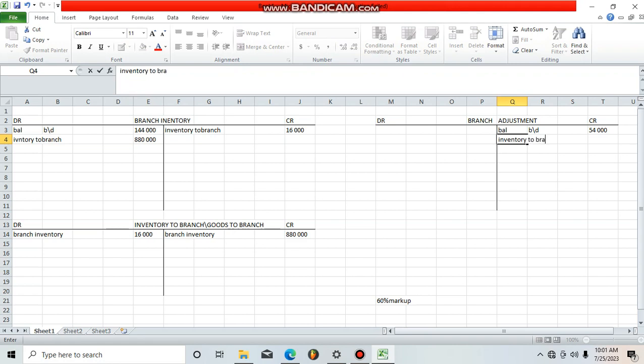But here we are using the markup inventory to branch. We are going to use the markup, right? So we are going to take 880,000, multiply by 60, and divide by 160 to get the gross profit of 330,000.